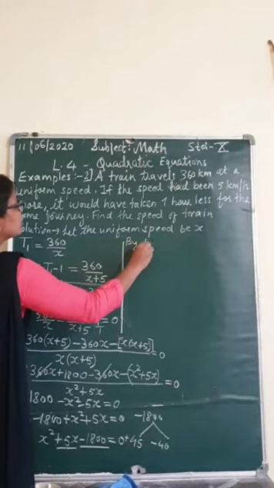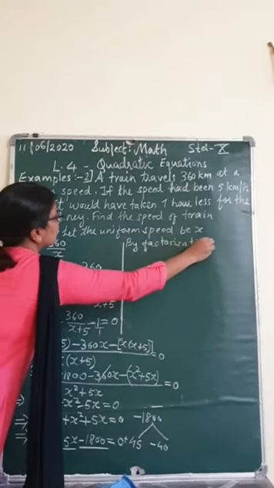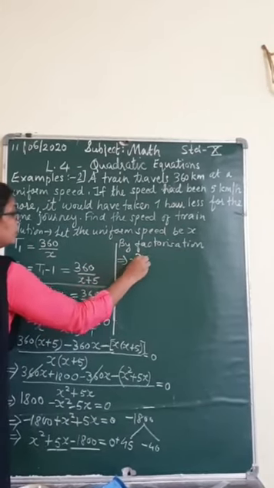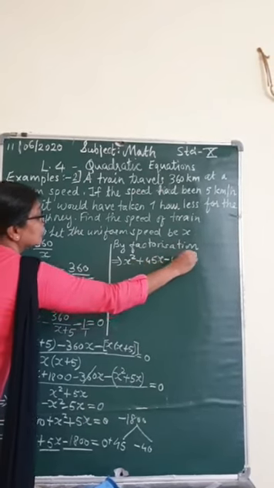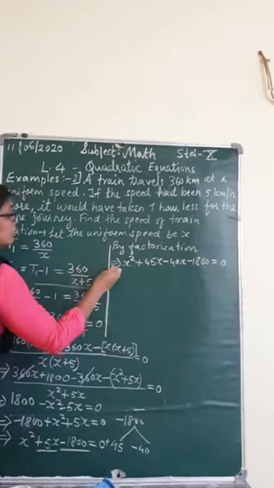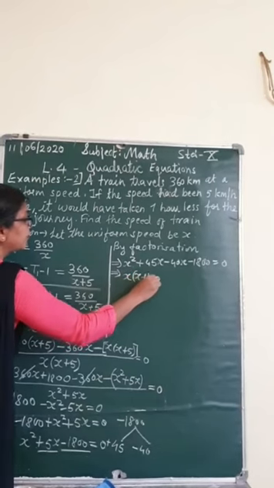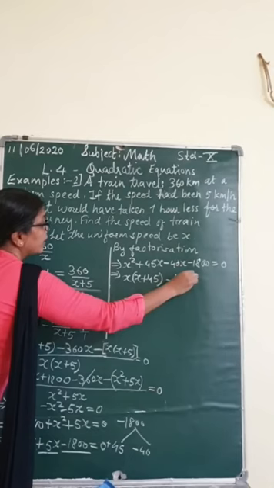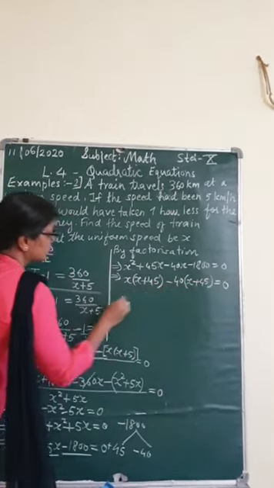So by the factorization method, we have x square plus 45x minus 40x minus 1800 is equal to 0. That gives us x into x plus 45 minus 40 into x plus 45 is equal to 0.